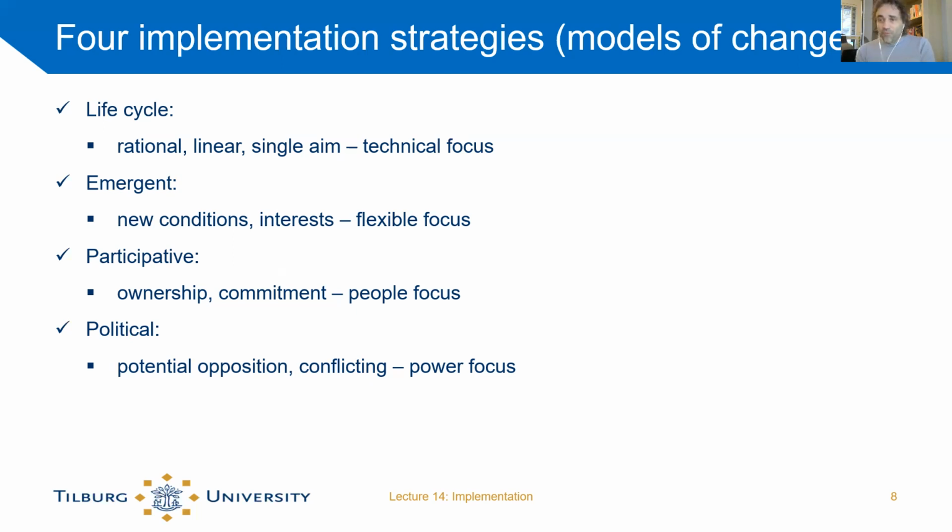So simply by employing social tactics to convince people to do something. And then finally, the political implementation strategy means that you use power. So you use political strategies, like the political is mainly focused on power, to convince people to do something.